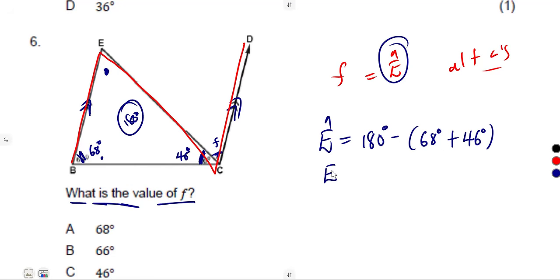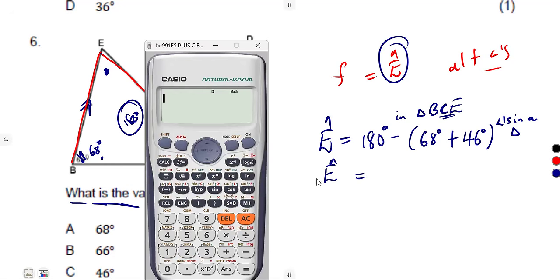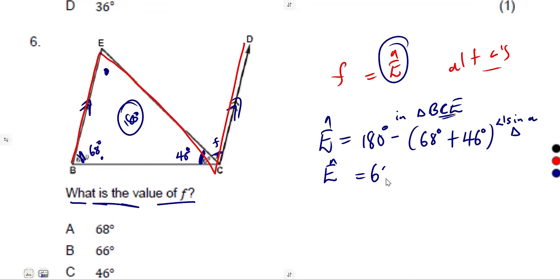So, angles in triangle EBC or BCE, no matter the way that you want to call it, guys, okay? So that is going to give us the value of angle E, 180 minus these two angles, 68 plus 46. So that is 66, all right? So we have got 66 degrees here, which is the same as the angle F.